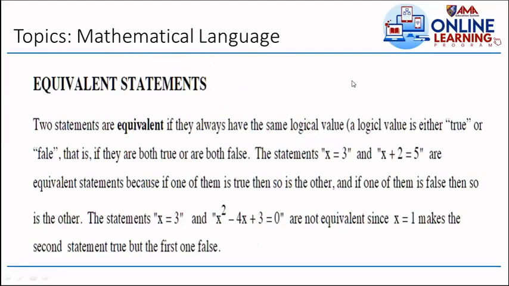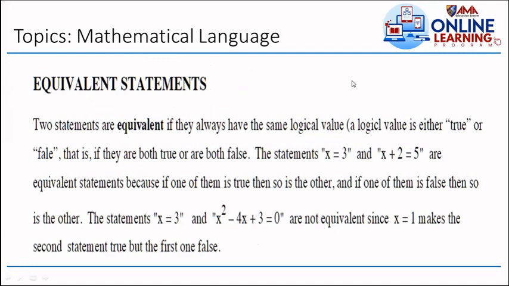These are the different types of statements under mathematical language. The first one is equivalent statements. Two statements are equivalent if they always have the same logical value.